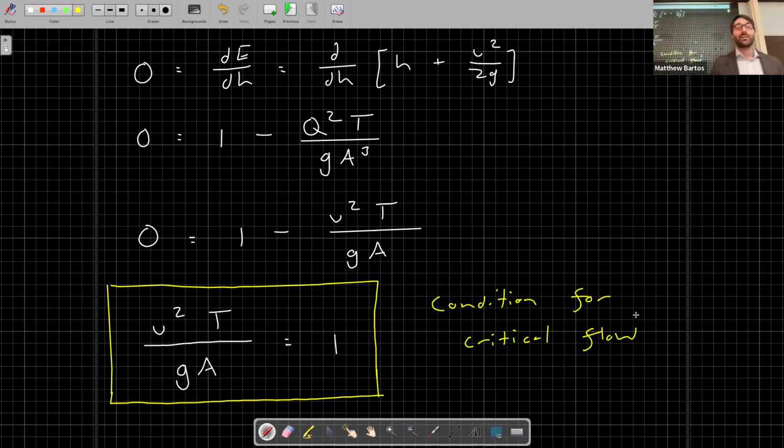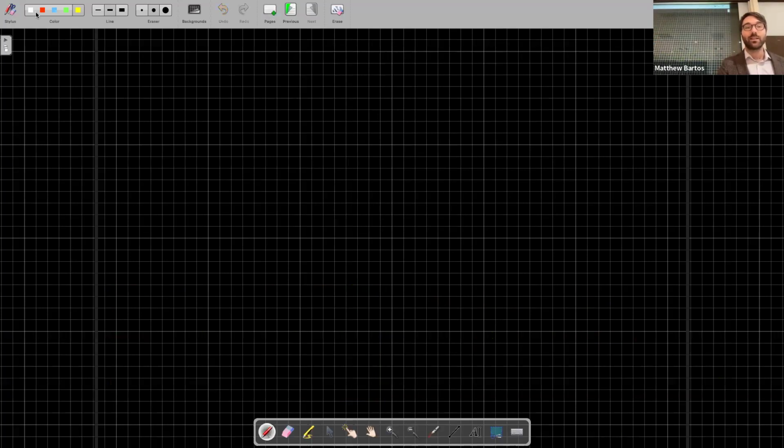So we can modify this expression to arrive at a quantity that's kind of analogous to the Reynolds number that allows us to determine whether the flow is subcritical, supercritical, or critical. If we take the square root of this entire expression, we end up with the Froude number.